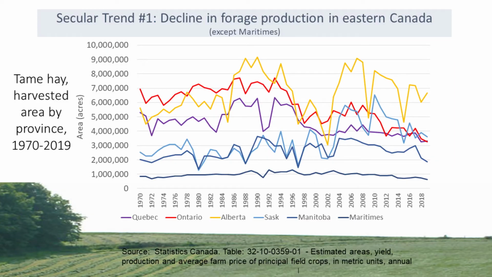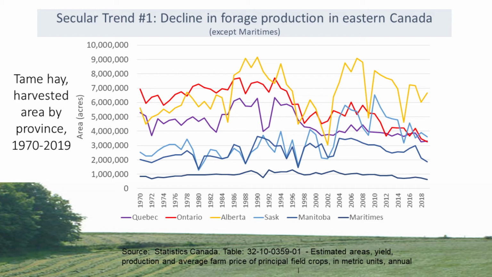Secular trend the first is the decline in forage production in eastern Canada, excluding the Maritimes, specifically looking at Quebec and Ontario. And so here, this is all data from Statistics Canada, tame hay, which I'm using as a proxy for forages in general. The area of tame hay harvested by province between 1970 and 2019. If you look at Ontario, which is that red line, and Quebec, which is the purple line, we see just an overall decline in hay production.